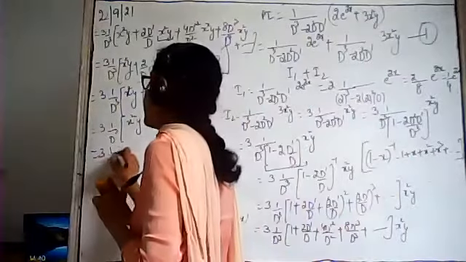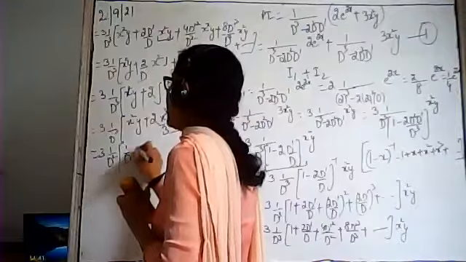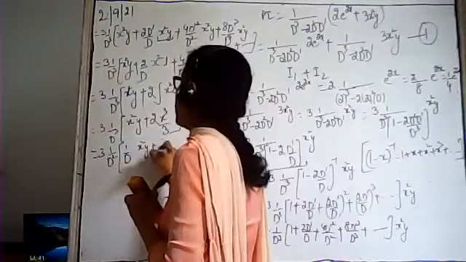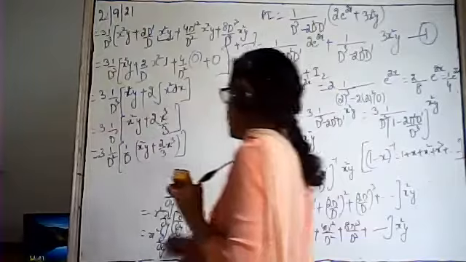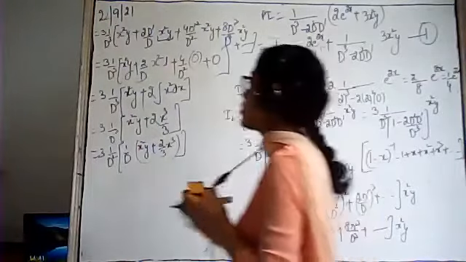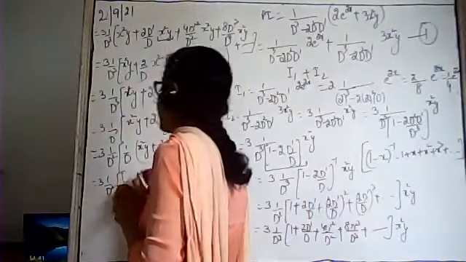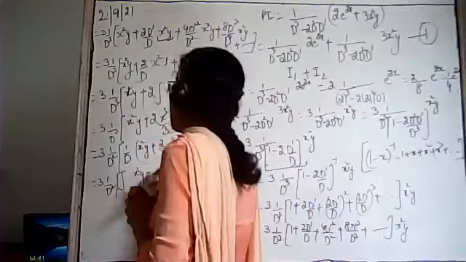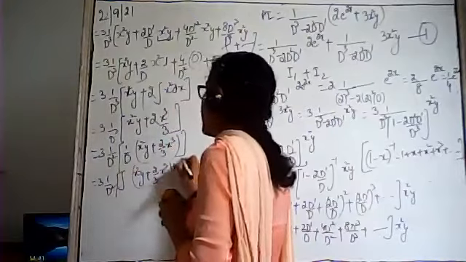So simply, first of all, write 1 upon d square, 1 upon d of x square y plus 2 by 3 x cube. ठीक है? So first of all, integrate with respect to x. This is 1 upon d square, integrate x square y plus 2 by 3 x cube with respect to x.